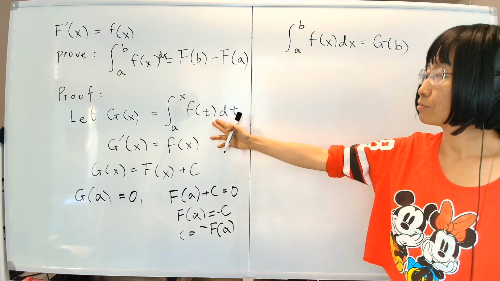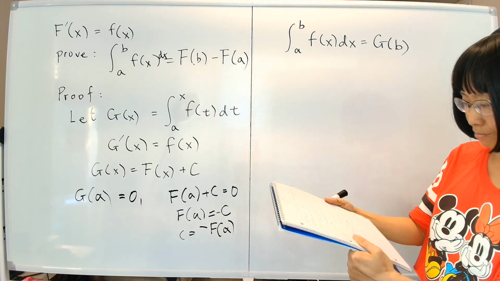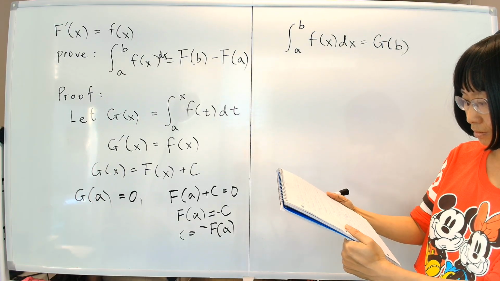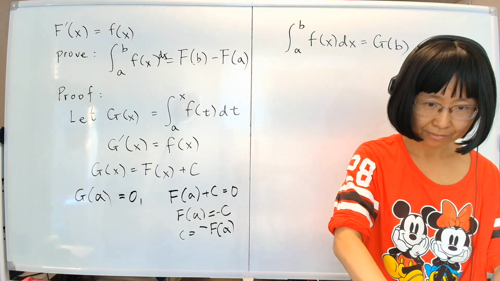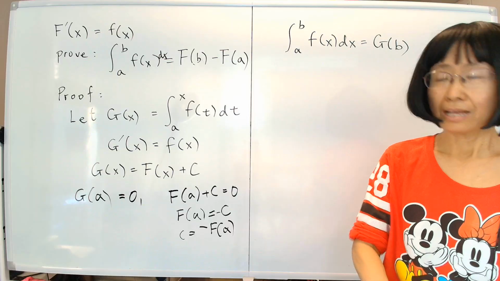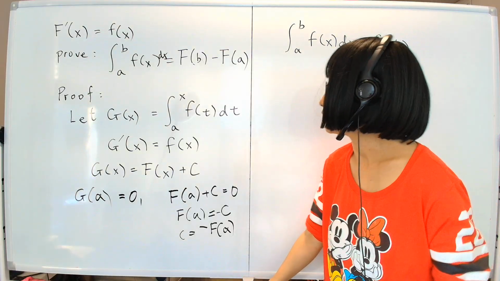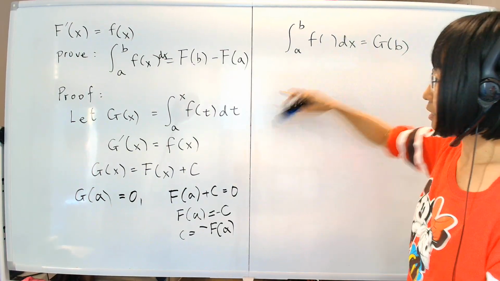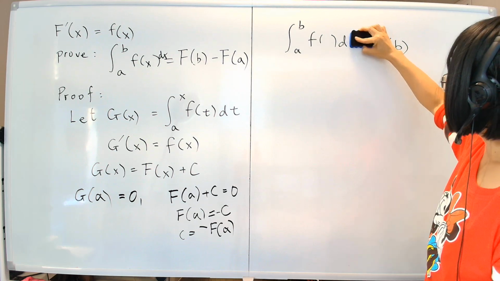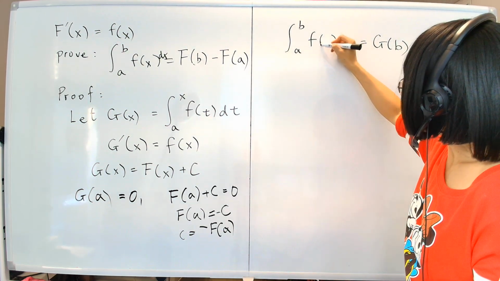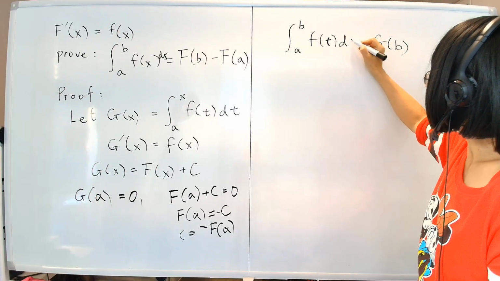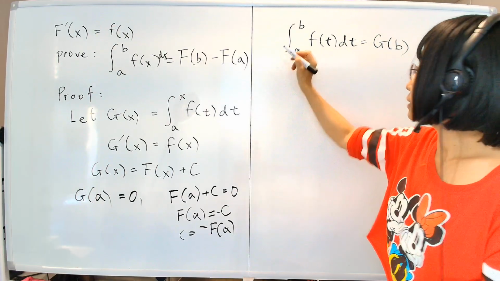Well, this one's t. Sorry, the variable here should be t, because I defined it as t, so let's stick with it and not cause any confusion. So the integral of f of t dt, that's g of b.